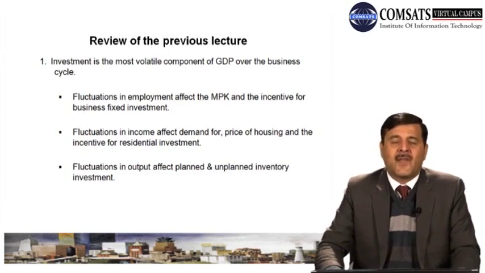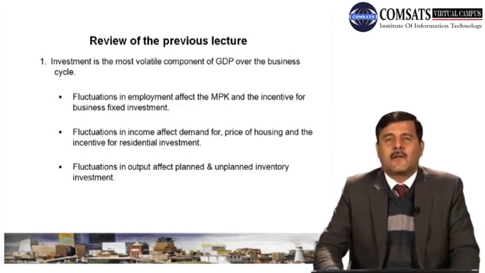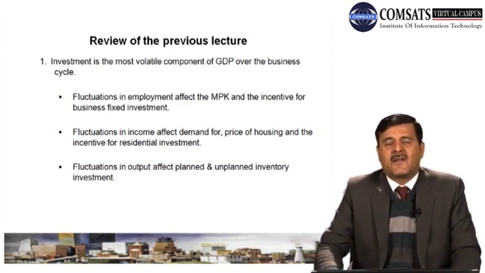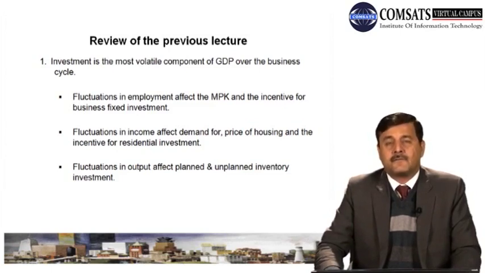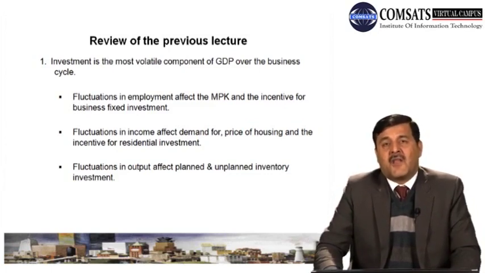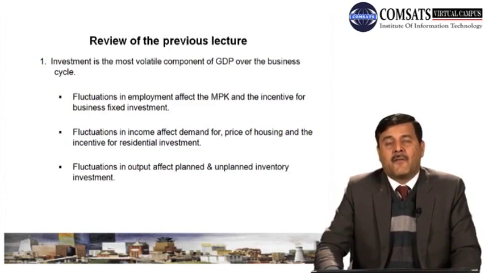He got a Nobel Prize, and he gave this formula of Tobin's Q, which compares the market value of the stock of capital available in the economy with the replacement cost of the installed capital, and we calculate the value to see whether to increase the level of investment in the country and the economy, or not. So he basically gave this formula.